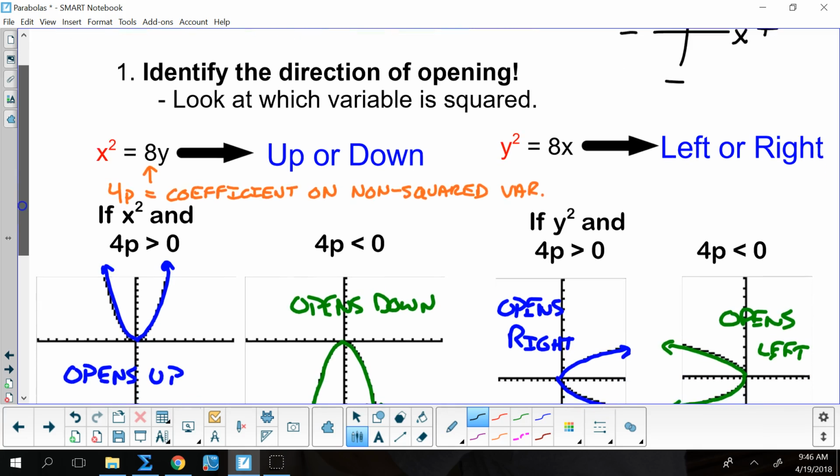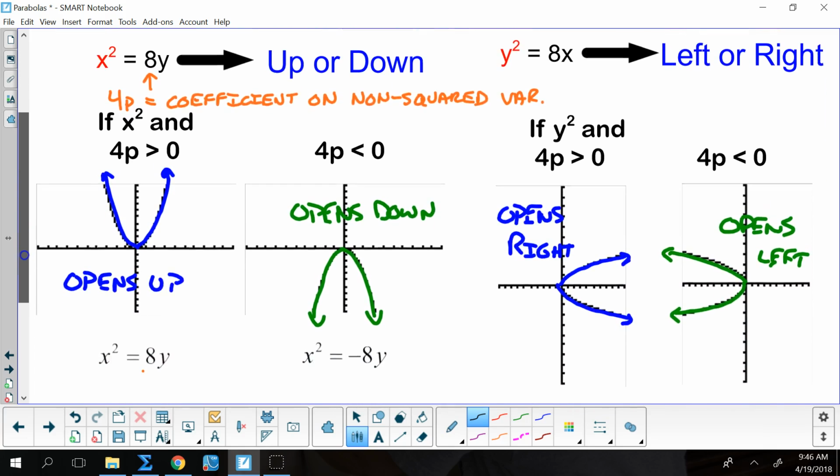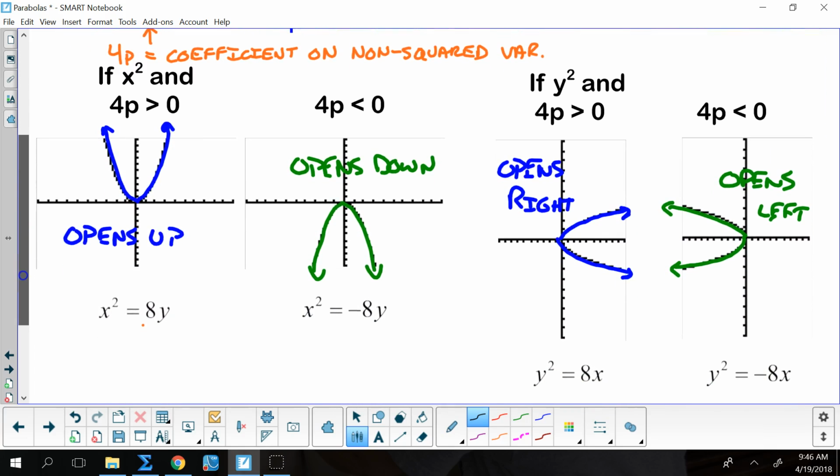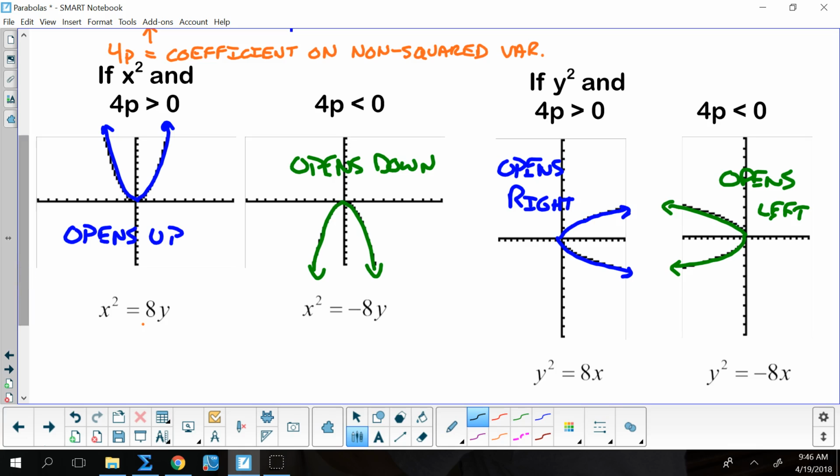So here's 4 examples of that. If x is squared and 4p is positive, so we have a positive 8 there, that's going to open up. Because we have x squared and 4p is positive. Here's my other two.